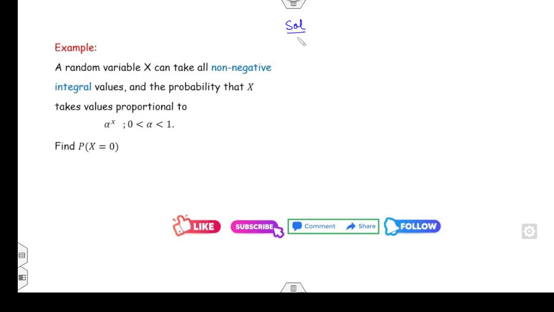The random variable x takes all non-negative integer values. That means x is 0, 1, 2, 3 and so on, so that the probability is proportional to alpha raised to power x. If I remove the proportional, there is some constant a times alpha to the x, while x varies from 0, 1, 2 and so on.